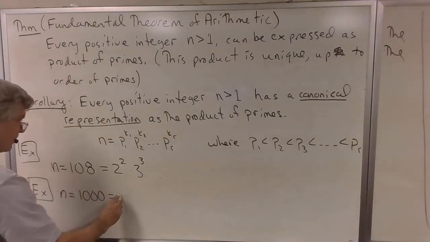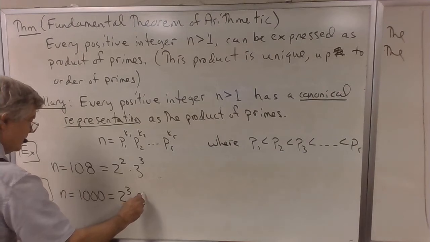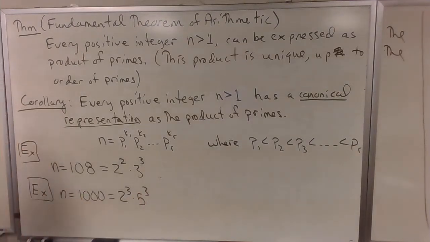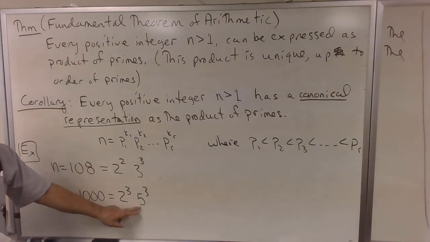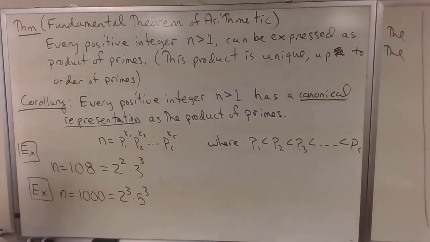Let's see if this is right. Son of a gun. Yeah, 5 cubed is 125, and 8 times 125 is 1,000. So in these two cases, n can be written as the product of primes, and this is how we would write it canonically.